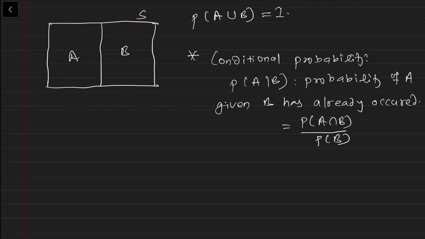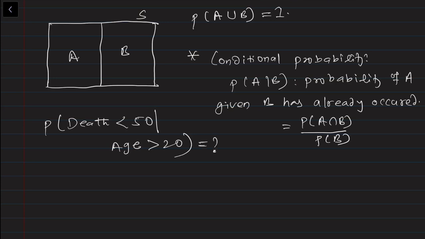Like for example, what is the probability of a person dying before 50 years, given that his age is greater than 20? So what is the probability? In this case, we use the conditional probability because there is a condition. His age should be greater than 20. And then what is the probability of him dying before 50? All right.